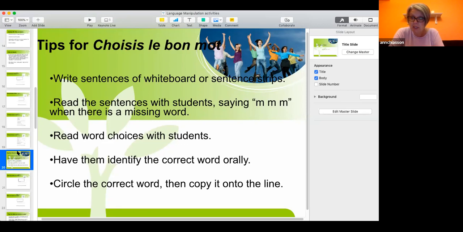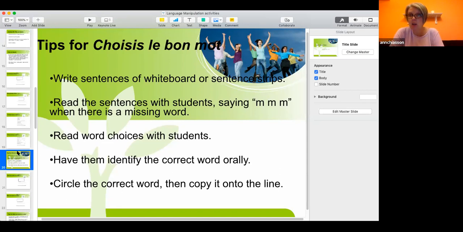Pour les tout petits, c'est absolument une bonne pratique de le faire d'une façon concrète où les enfants peuvent manipuler les mots, les bouger, peut-être les choix de réponse sont sur des cartes éclairs, la phrase en question est sur une sentence strip et l'enfant peut manipuler et prendre la carte éclair et la mettre à la bonne place.